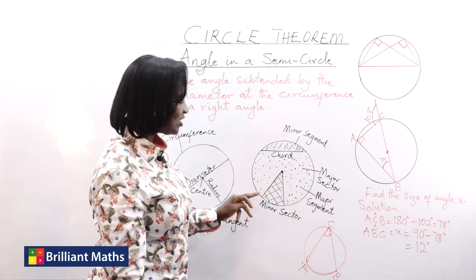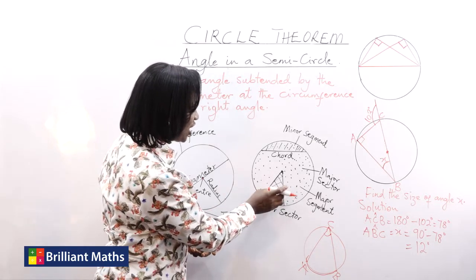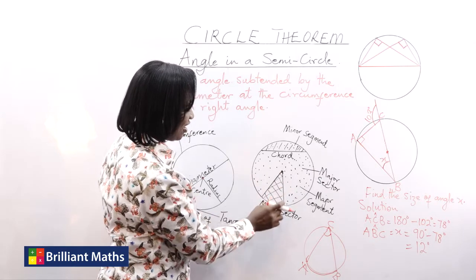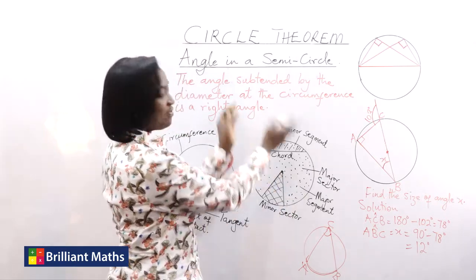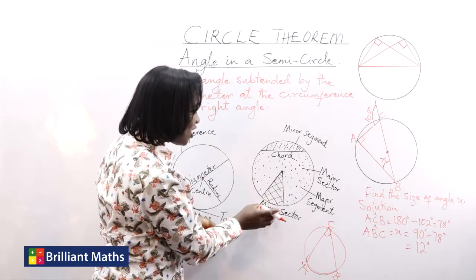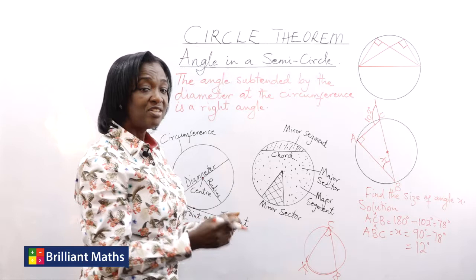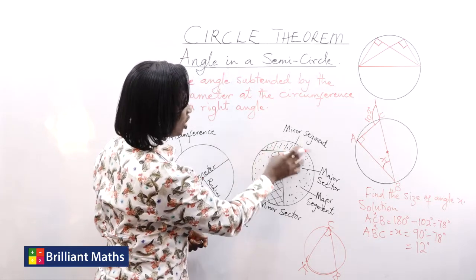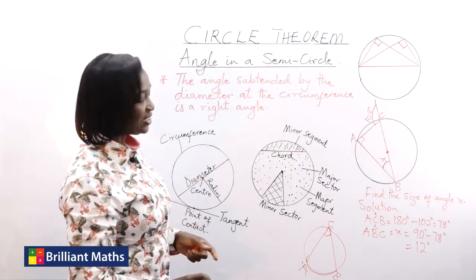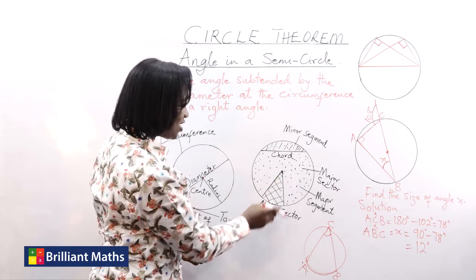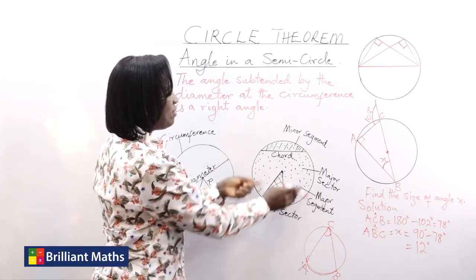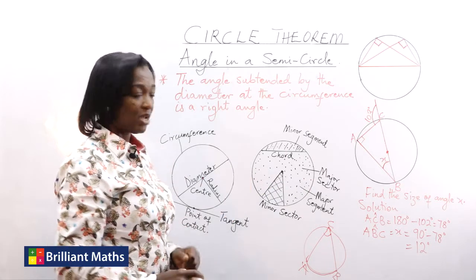That's the minor sector, because the portion enclosed by these two radii is smaller than the rest. So we have the minor sector, and then the rest of the portion is the major sector. That's the place dotted within the circle.